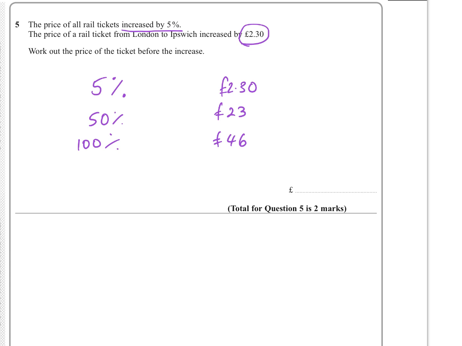So why is that important? Well, the price of the rail ticket before was the amount you wanted, and that was the 100%, i.e. all of the whole ticket. Now it increased by 5%, and you worked out what that 5% was because it told you, and you worked back to the 100, which was the initial value. So that's quite a nice way of doing it.